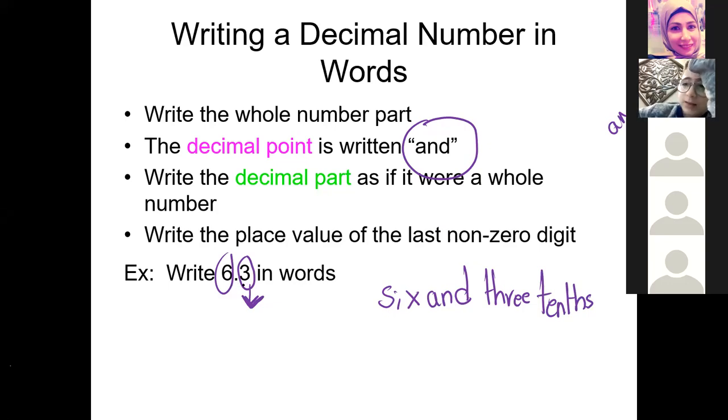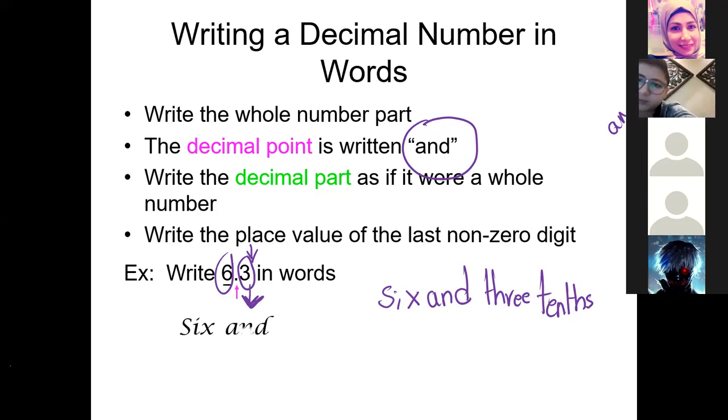I look: if we have just one digit in the decimal part, we have to say tenths. Here we have just 3, one digit, so we say tenths. When we have 2 digits in the decimal part, we say hundredths. When we have 3 digits, we say thousandths. Excellent. 4 digits, what do we say? Ten thousandths. So 6 and 3 tenths.